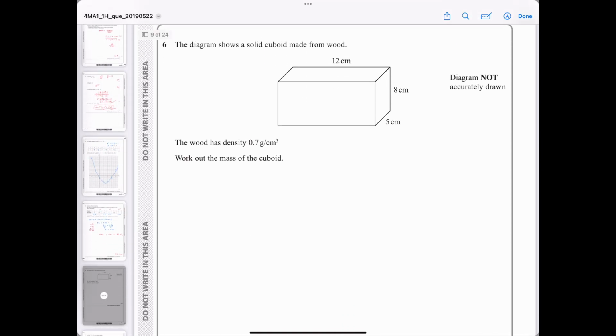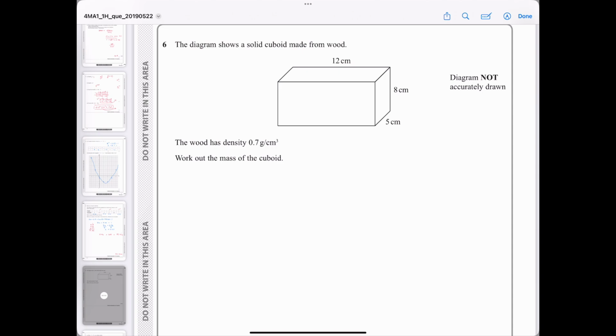This is a solid cuboid made from wood. When you see that, my immediate thought is, you're either going to find the volume or you're going to find the surface area. But the wood has a density of 0.7 grams per centimetres cubed.